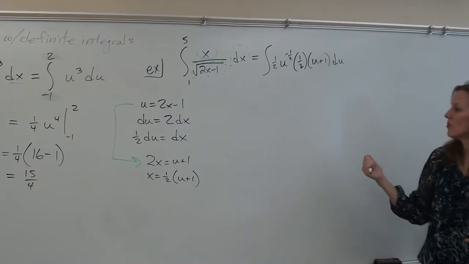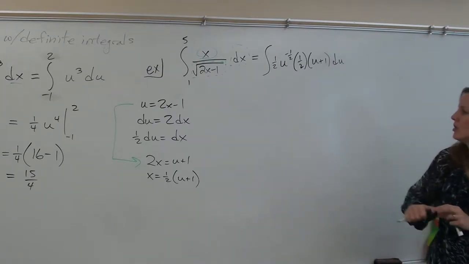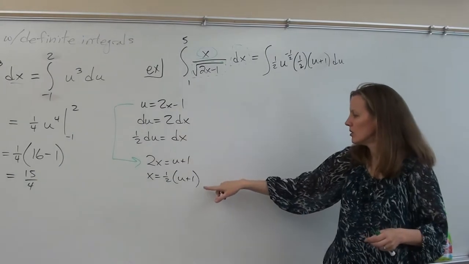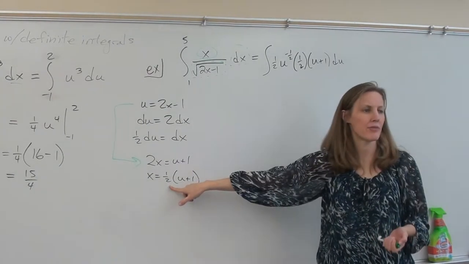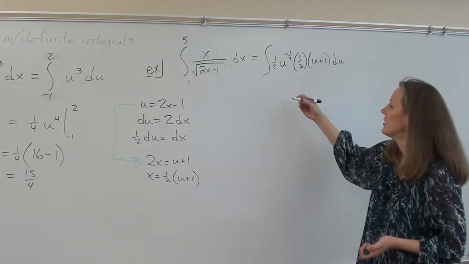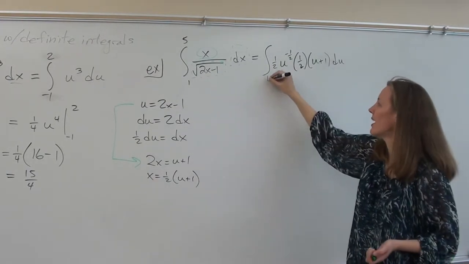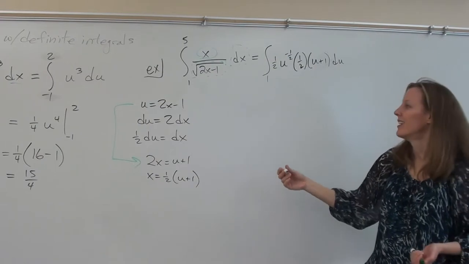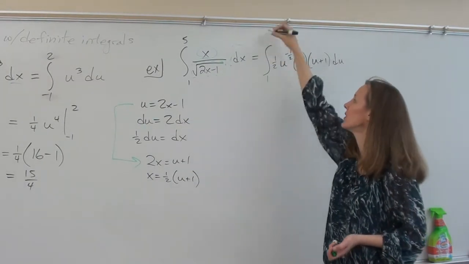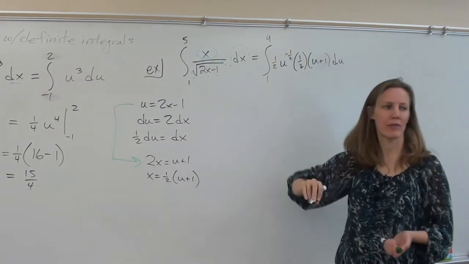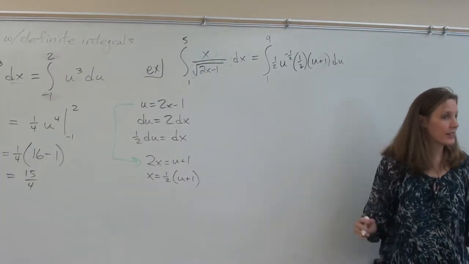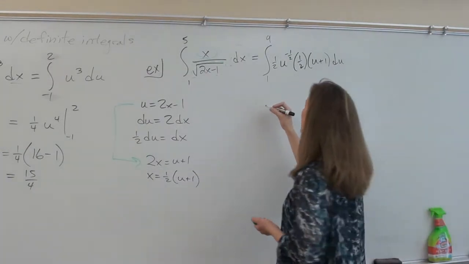Why would I not include the 2? Include u plus 1. Oh, I did. I wrote it as a half. All right, so let's see. If x is 1, look at that, u is 1. If x is 5, u is 9. Did everyone get 1 to 9? Yep. Good.